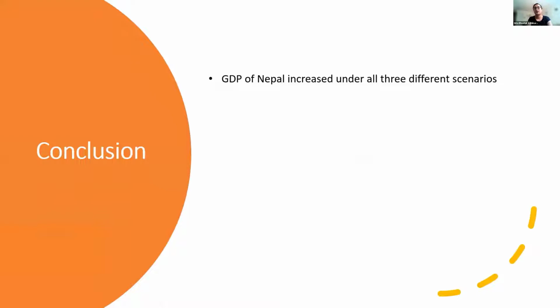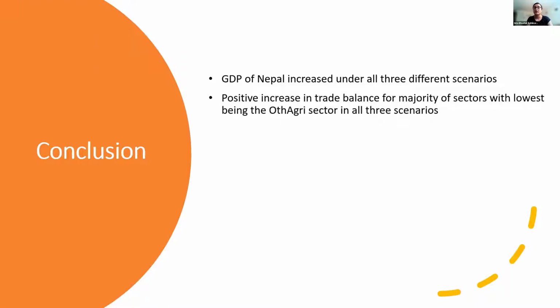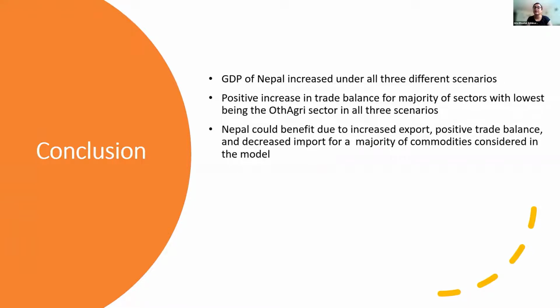So the conclusion I acquired from this study is that the GDP of Nepal can be increased under all three different scenarios, and there is a positive increase in trade balance for a majority of sectors, with the lowest being the other agri sector. In all three scenarios, Nepal could benefit due to increased export, positive trade balance, and decreased import for a majority of commodities considered in the model.